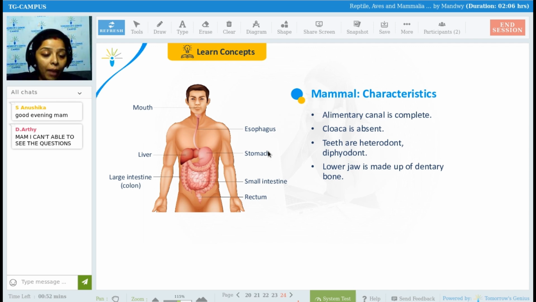That means mammals have an anus and urogenital aperture instead of a cloaca. Anus is for the excretion of solid waste, and urogenital is for the excretion of urine and gametes.